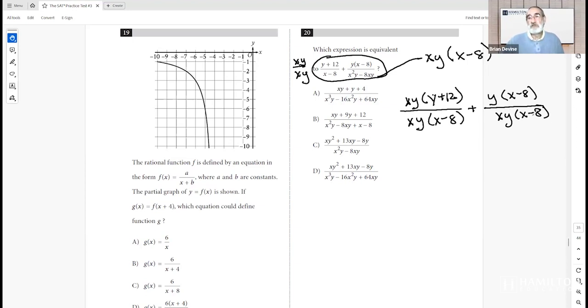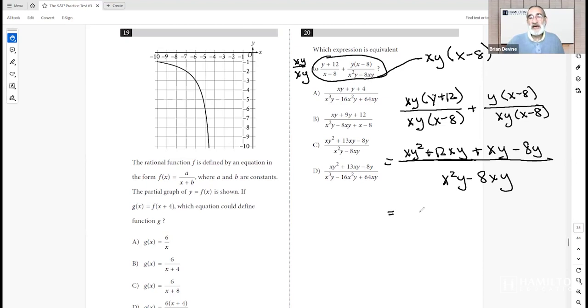Now, I'm going to go ahead and multiply that out. So the first term is going to become xy squared plus 12xy. And then since this is a common denominator, I can just add on the xy minus 8y. And that's all going to be over this common denominator of x squared y minus 8xy.